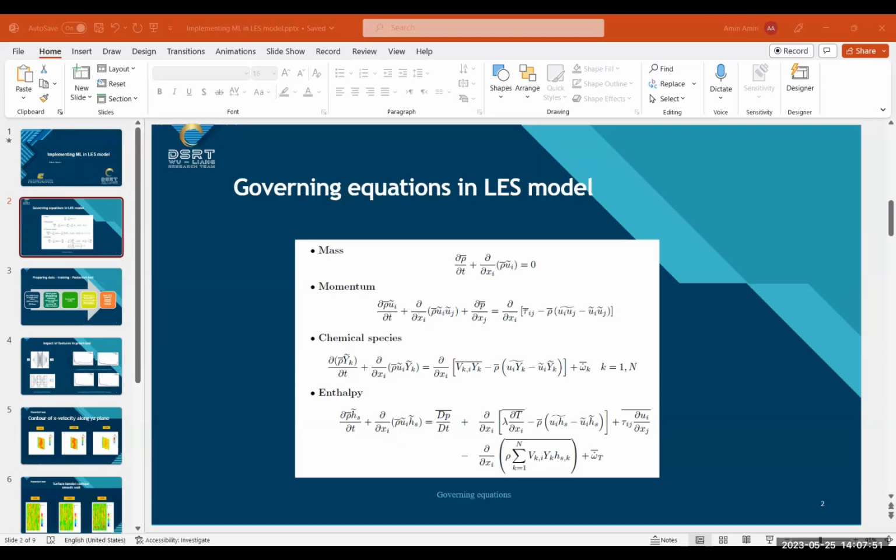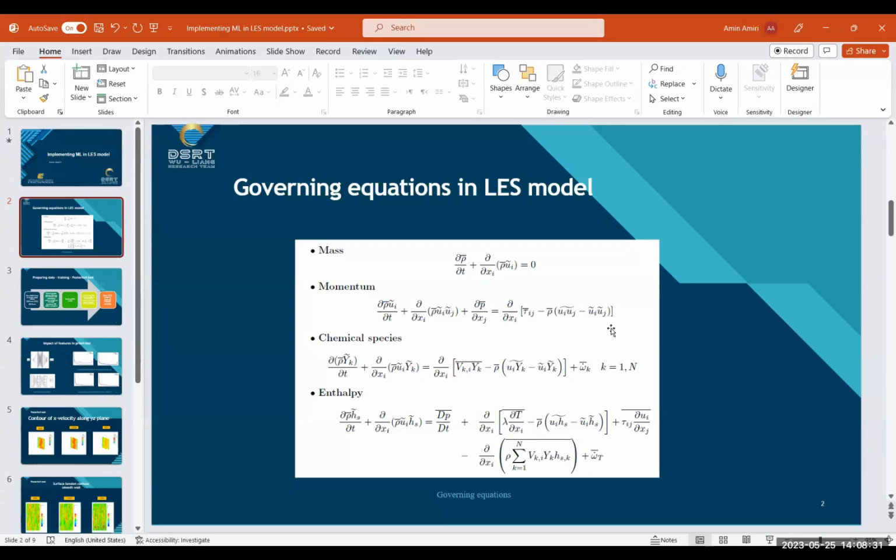Okay. In this case, I trained this model. At first I generate the labels by running the DNS cases. And after that, I use the DNS data and filter it, using volume average filtering. I create the LES data from the DNS data.